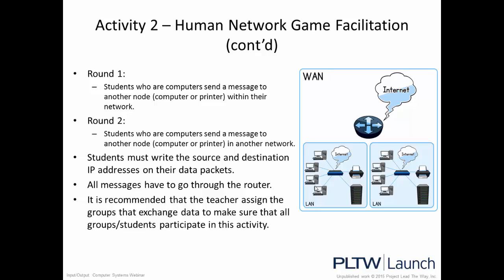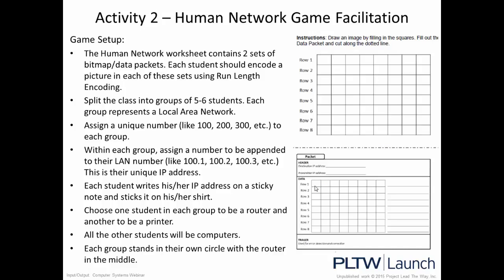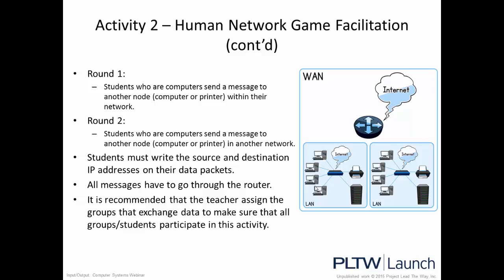Each student will have a unique IP address, and the details on how to do that are provided in the teacher notes. In round one, the students choose to send an encrypted message using the cards on this page that you see. So they will encrypt or encode an image, and this image is going to go to a destination IP address.